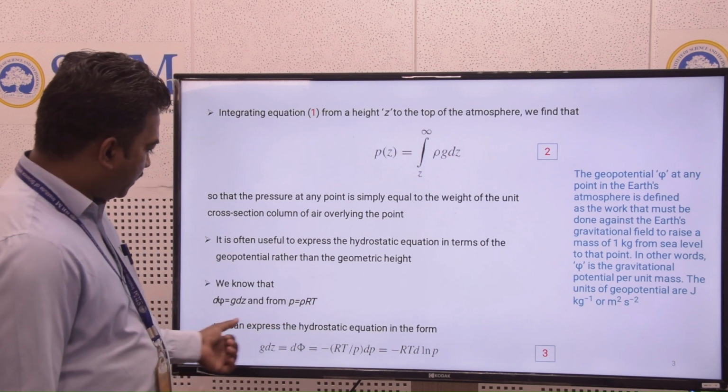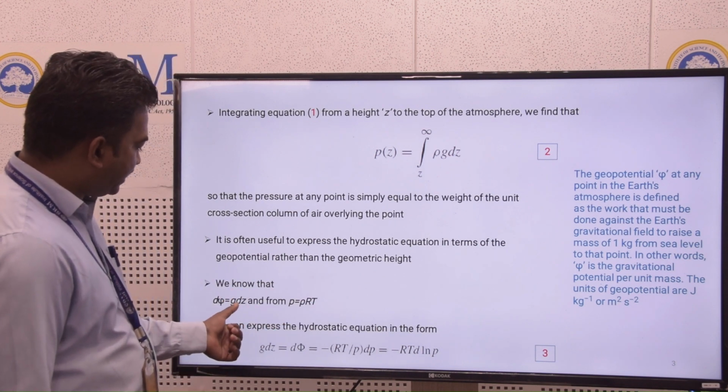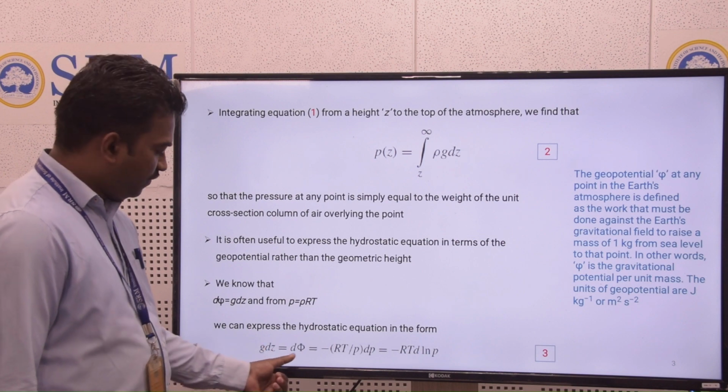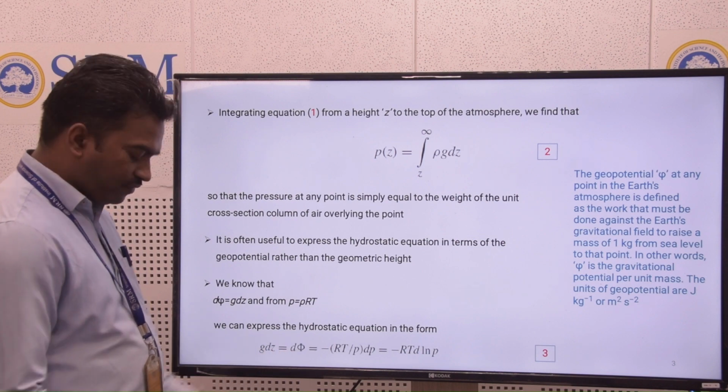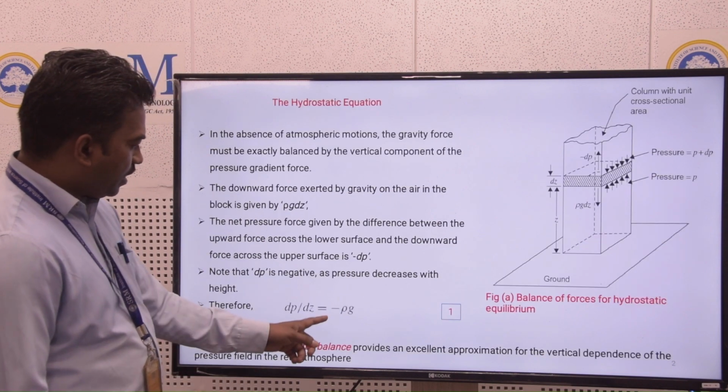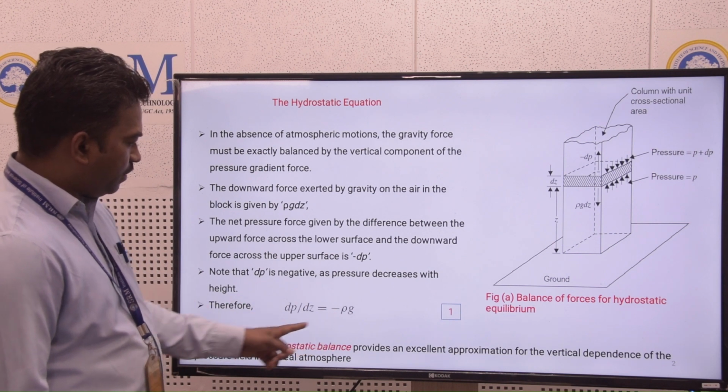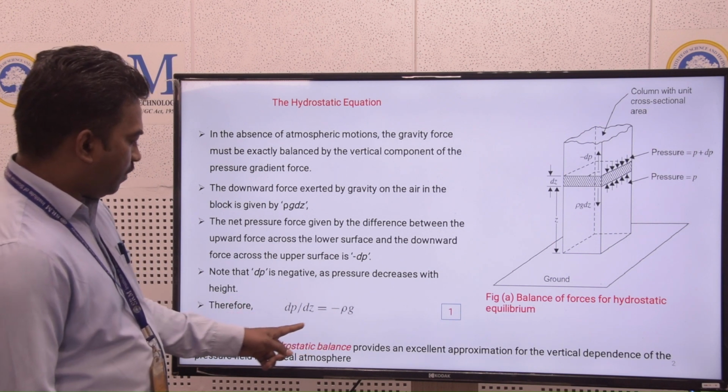From this expression we can write g dz is equal to d phi. This dz we know from the earlier expression can be written as dP by minus rho.